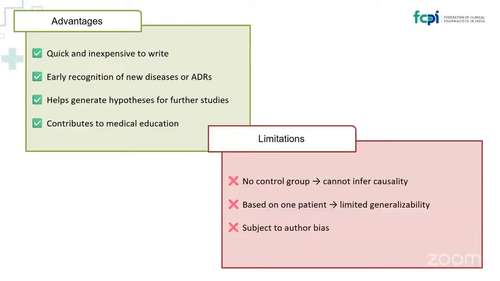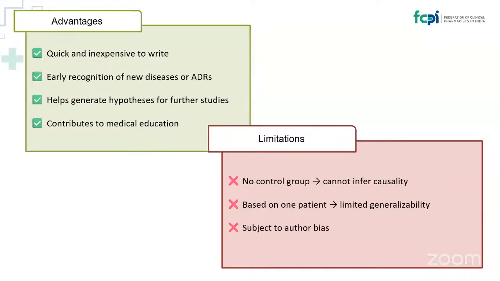And now, what are the limitations? So here, there is no comparative group. There is no control group. So we cannot infer any causality. Is that patient's data really that accurate? If we are going for any rare disease condition, what if that rare disease condition is only observed in that one patient?